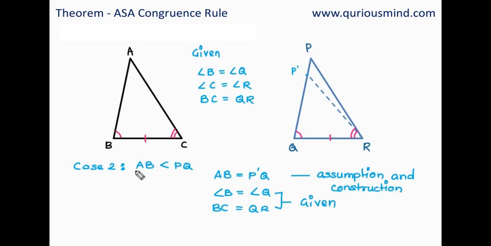And therefore, using the SAS axiom, we can say triangle ABC is congruent with triangle P dash QR.